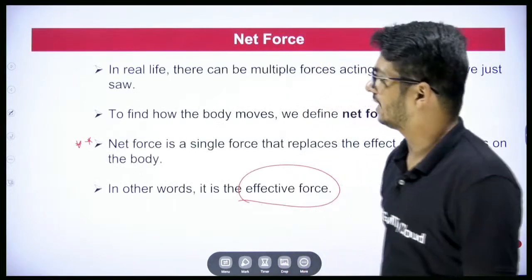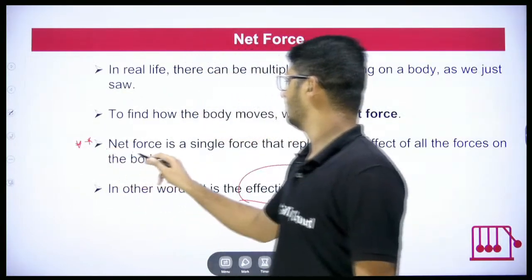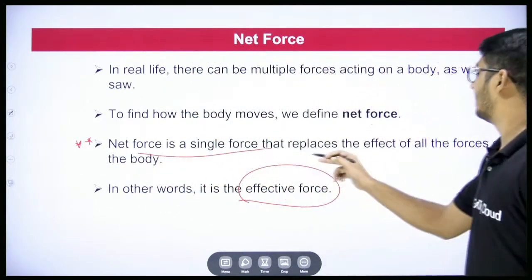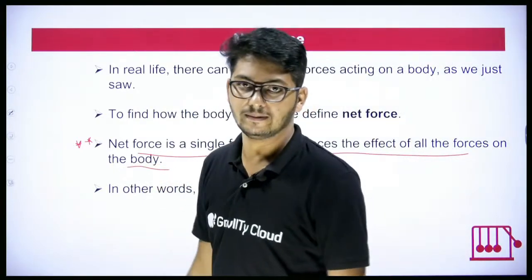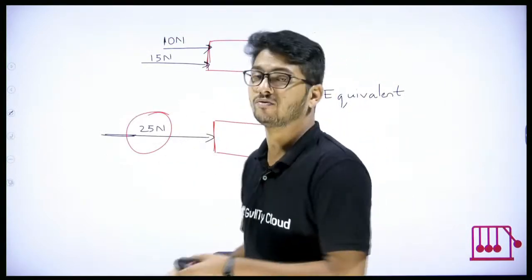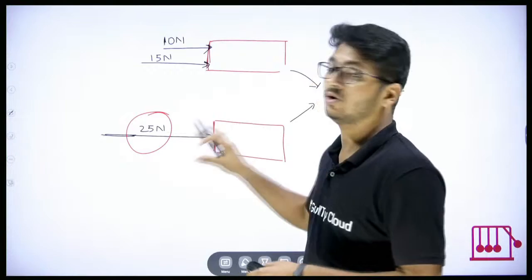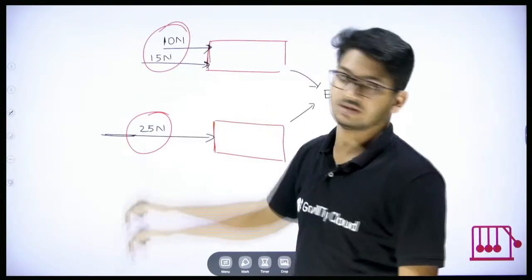Okay, so come back to the point here, read this now. Net force is a single force that replaces the effect of all the forces on the body. So in this particular case, 25 Newton is the net force, and what is 25 Newton force doing? It is replacing these two forces.